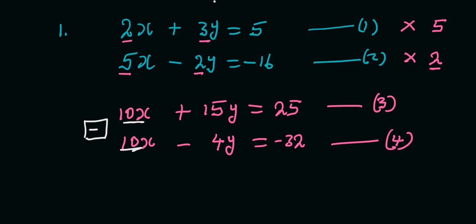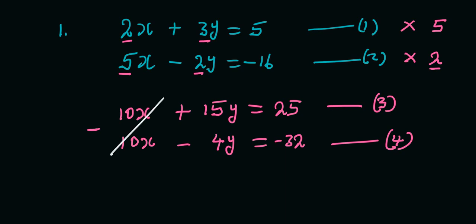If we place a negative sign here, 10x minus 10x is going to give us 0, so a negative sign is valid. Good. If we apply the negative sign, 10x minus 10x will cancel out.